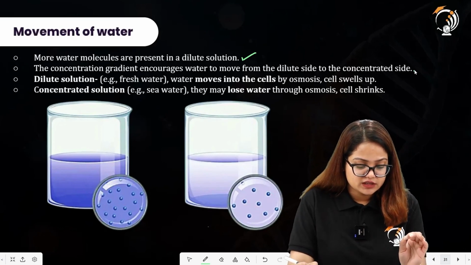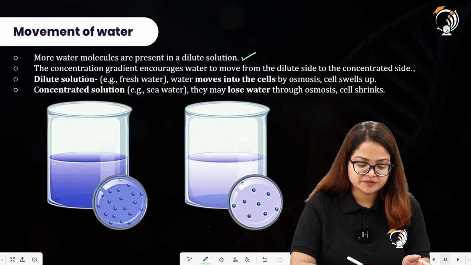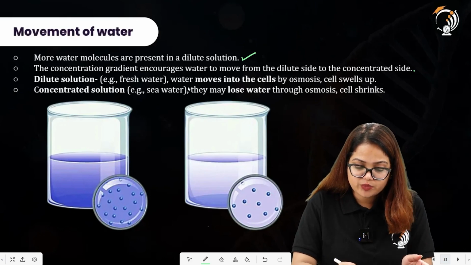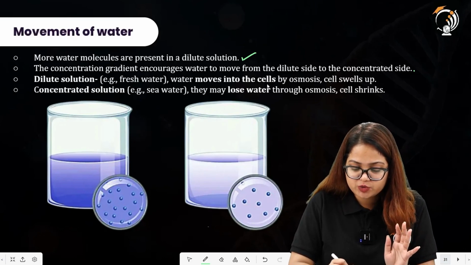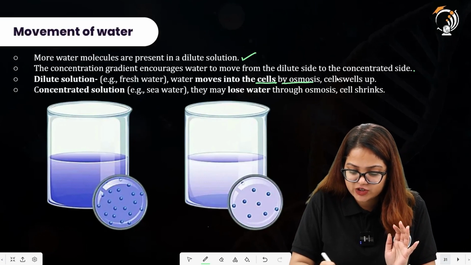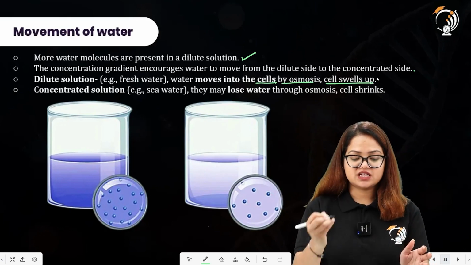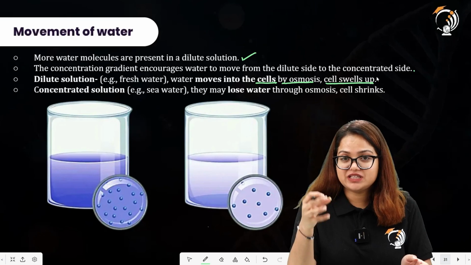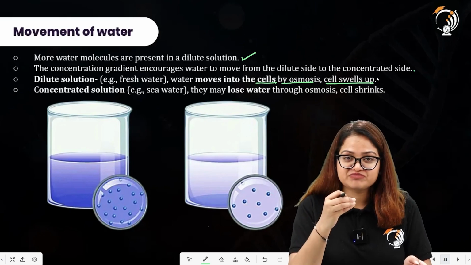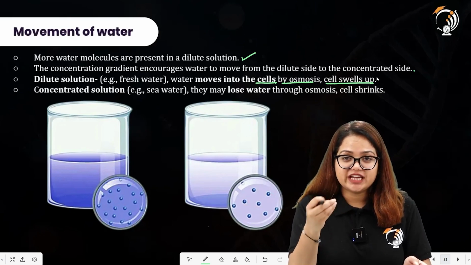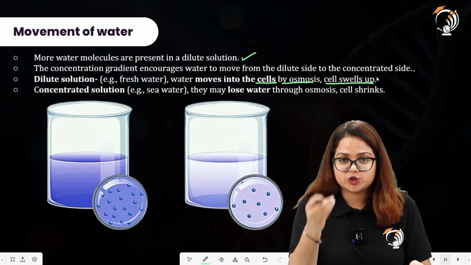Alright. The dilute solution has more water molecules. The water molecules move into the cell by osmosis. The cell swells up. Whenever we keep the cell in a dilute solution, the cell tends to gain water through the process of osmosis.